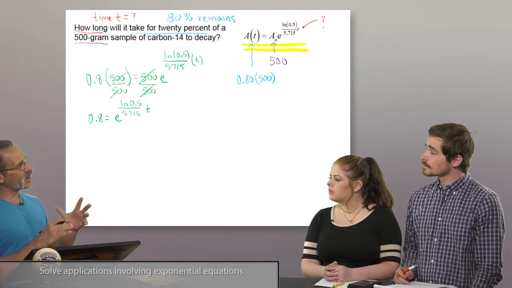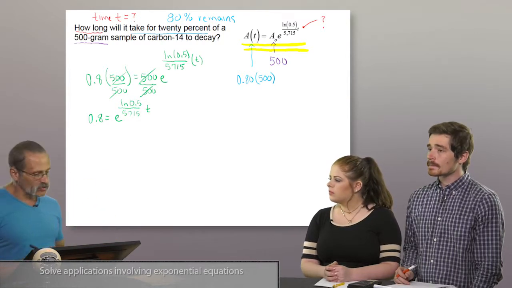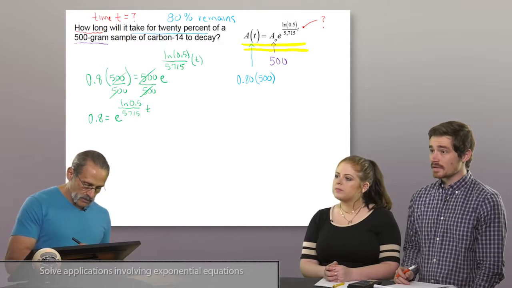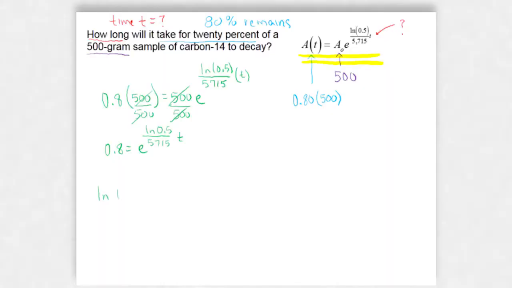And we know this. How do you get t out of the exponent? What do you do to both sides of the equation? You take the natural log of either side. Very good. So the natural log of 0.8 is equal to the natural log of e to the 0.5 over 5,715t. We do that because we want to bring our exponent to the front.